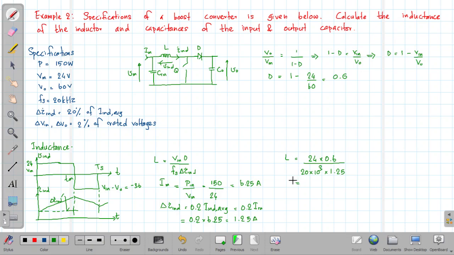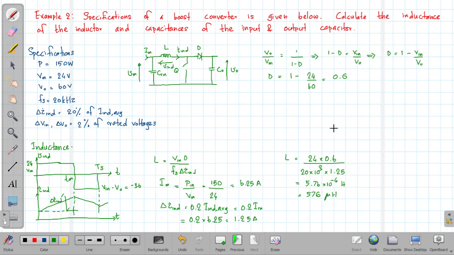So 24 times 0.6 divided by 20 times 10 to the 3 times 1.25. The answer is 5.76 times 10 to the minus 4 henries, which is 576 microhenries. So that is the inductance of the inductor.